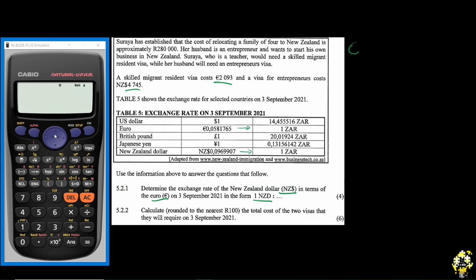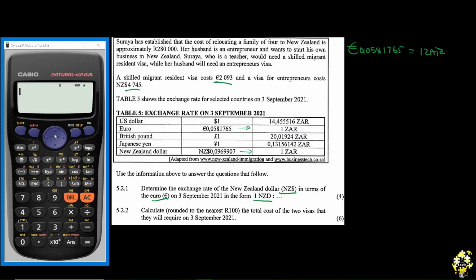So the first one, which is the euros, it says that if you have 0.0581765, you can actually earn yourself 1 South African rand. Again quickly, which one is stronger, which one is weaker? By now you should know that. This is stronger, this one is weaker.